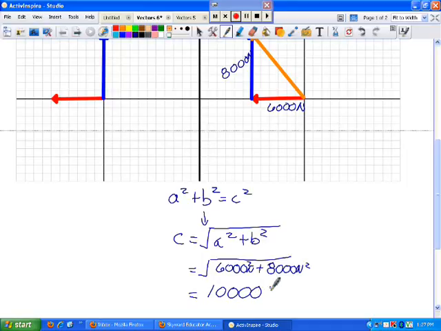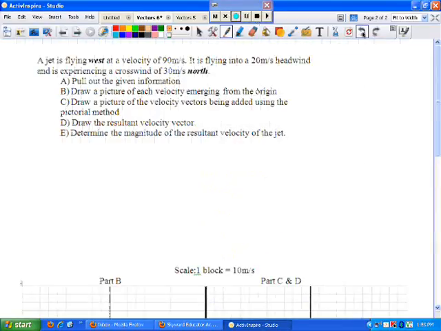By plugging it into our calculator, we can easily find that our resultant force acting on the cruise ship is 10,000 newtons.